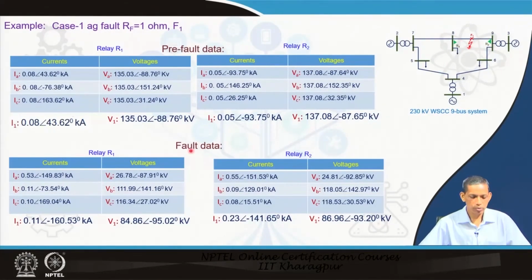Now, the fault data is available: relay R1 computed I1 and V1, and R2 computed its I1 and V1, as we did in earlier examples. Note that we now require additional data sets, the pre-fault data. What is pre-fault data? It is the data just before the corresponding fault data, and these are phasors, computed using the pre-fault waveform current and voltage samples, using DFT, cosine filters or least squares.